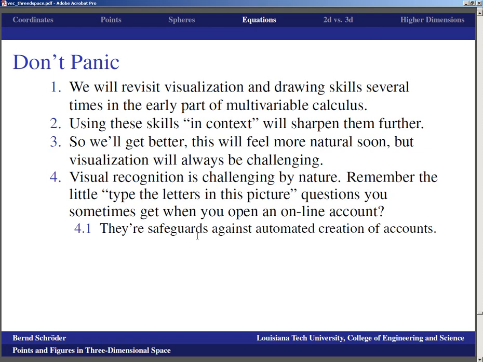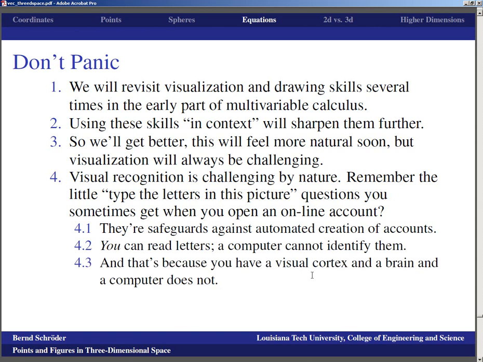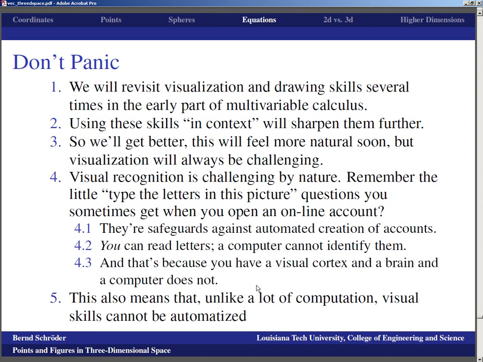And the thing is, these kinds of things are safeguards against automatic creation of accounts. They are safeguards against automatic hacking, and that is because you can read the letters in these pictures, and a computer cannot identify them if they are sufficiently distorted. And the reason for that is because you have a visual cortex and a brain, and a computer does not.